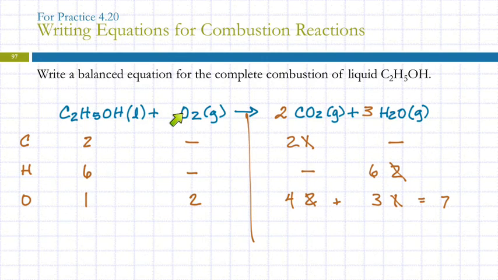So I'd really like to only put a coefficient on this. So I've got 1 here, and then how many more do I need to get 7? 1 plus blank is 7. 6, okay? So I need 3 of these, 3 oxygens. So if I had 3 oxygens here, that'll give me 6, and 1 plus 6 equals 7.